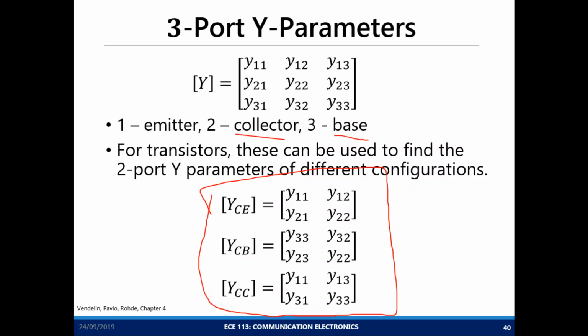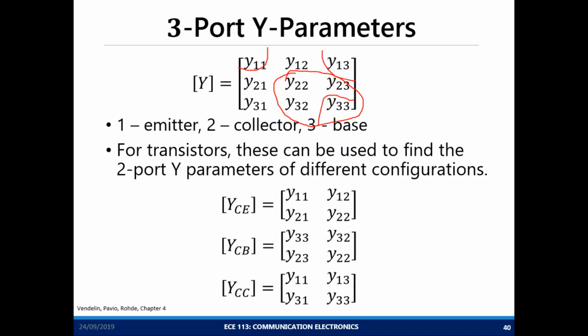For different configurations: for a common emitter, you just need this part of the Y matrix. Common base, you just need this part of the Y matrix. And for common collector, you just need this part of your Y matrix.